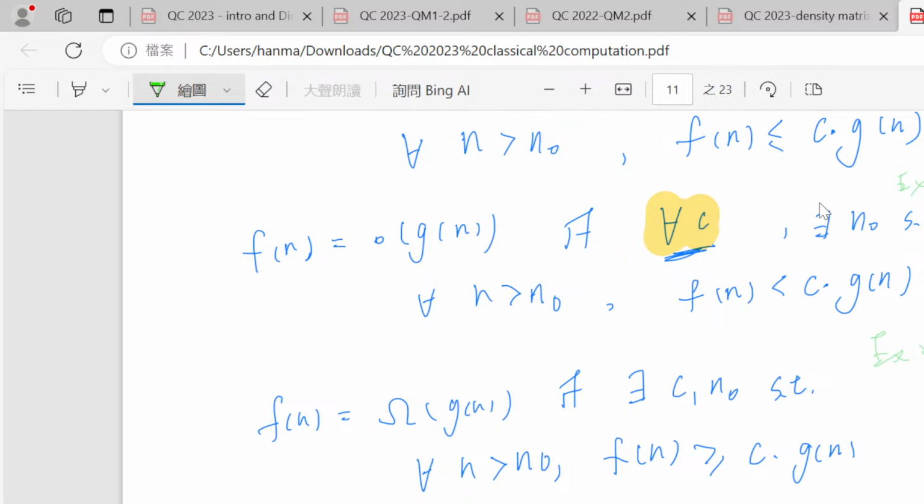So for every c you can find an n naught such that this is satisfied. And intuitively you can feel this because, like in calculus, you know n squared grows faster than n, so this will happen.